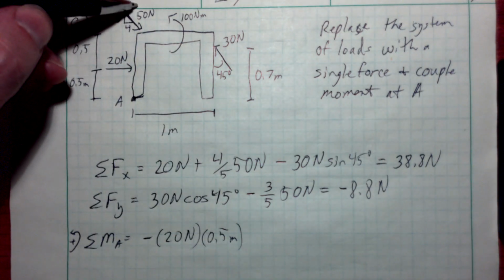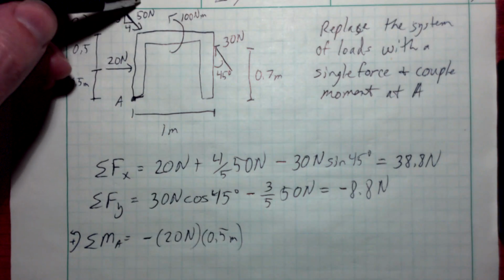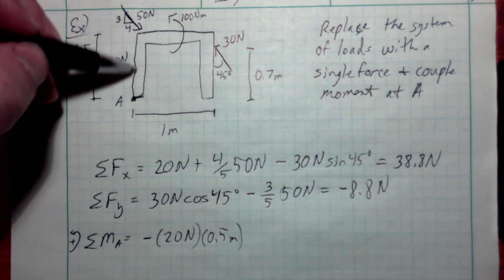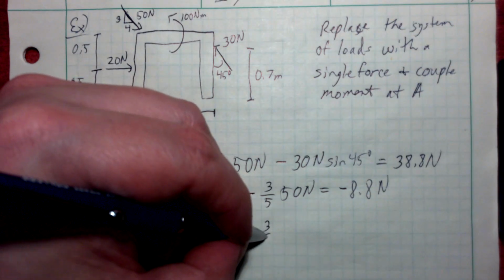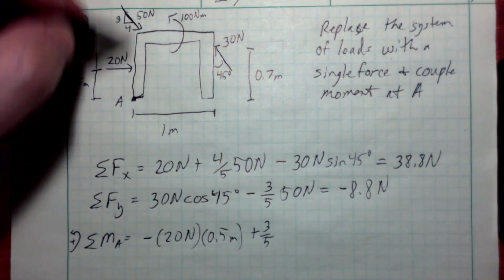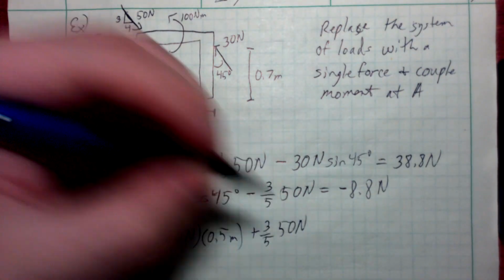And then we've got two components up here, right? Notice the vertical component is going straight through A. So you can write it out here. Let's be thorough and look at the vertical component, the 3/5 of that 50 newtons.